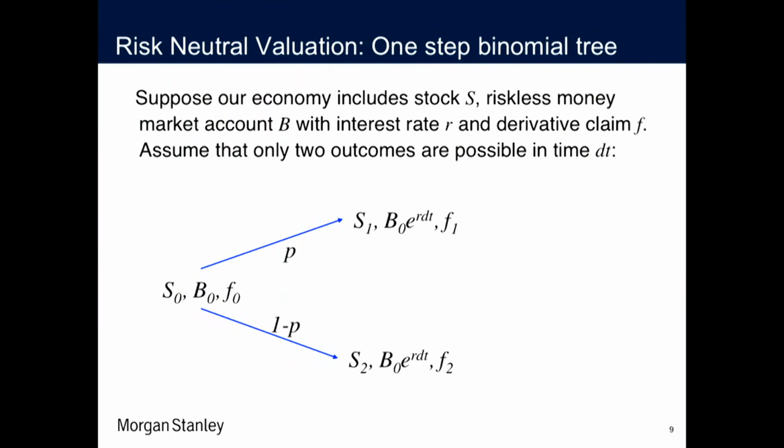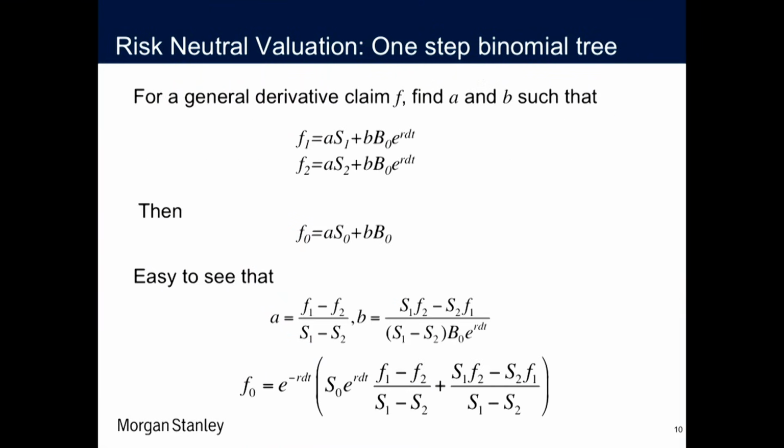So we are still in this simple situation, but we'll try to price a general payoff F. Here is how it goes. We still will try to form our replicating portfolio out of some amount of bond and some amount of stock.